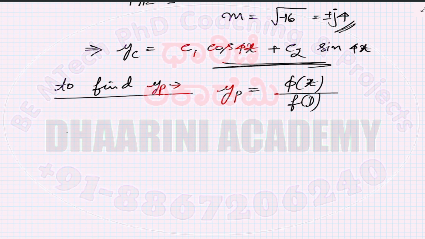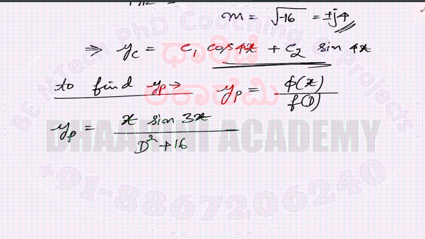So in this particular case, we observe that phi of x is x into sine 3x whole divided by d square plus 16.